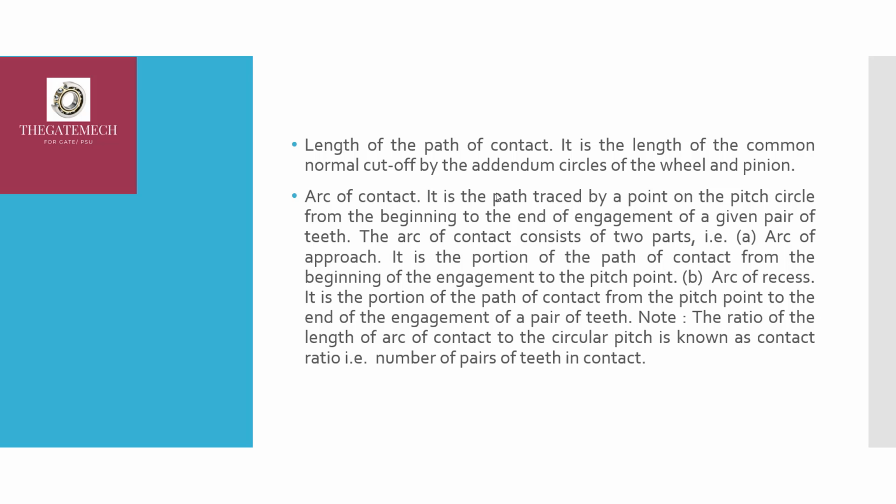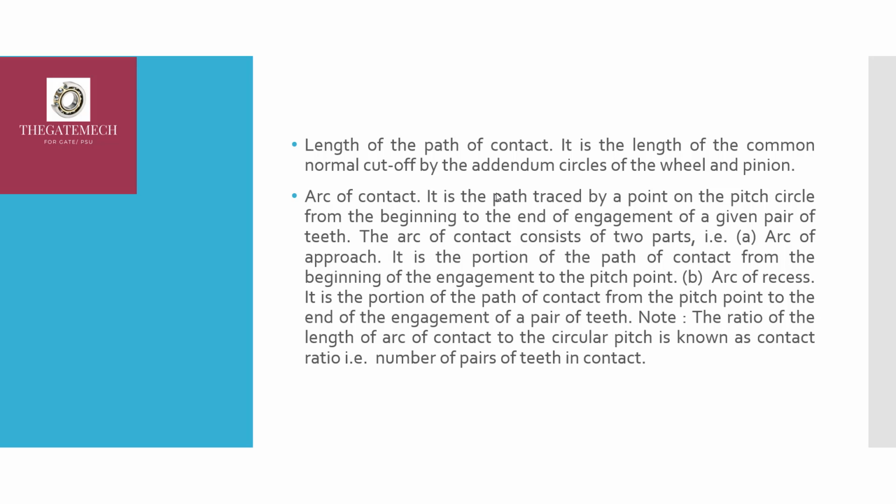Arc of contact is the path traced by a point on the pitch circle from the beginning to the end of engagement of a given pair of teeth. The arc of contact consists of two parts. Arc of approach is the part of the path of contact from the beginning of engagement to the pitch point.